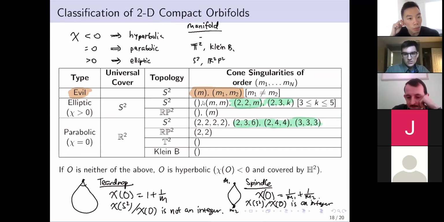If you look at the subgroup of orientation-preserving symmetries, in other words the rotations about the vertices of the triangles, then you get precisely these.